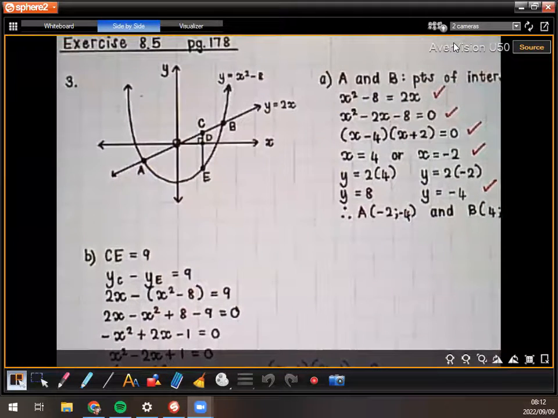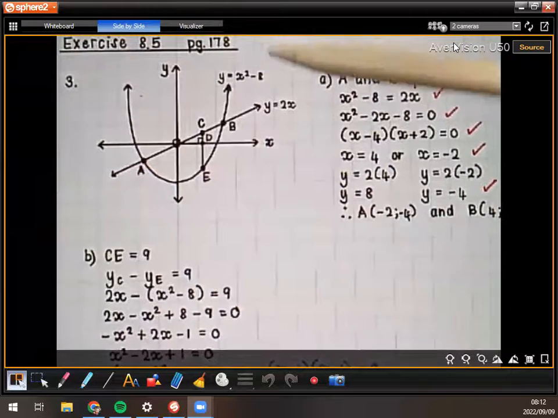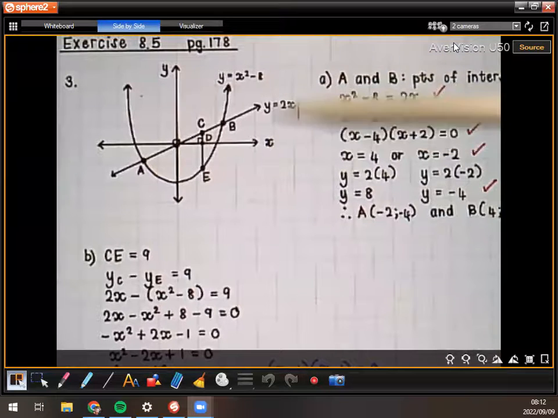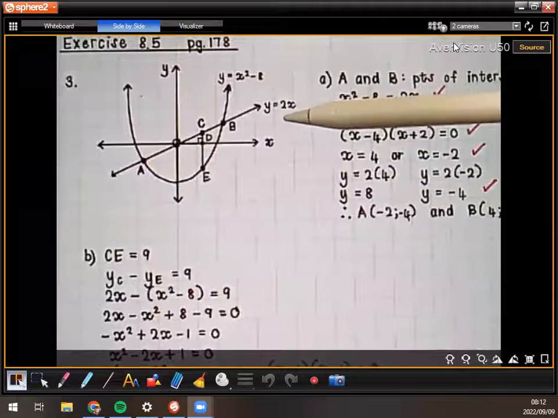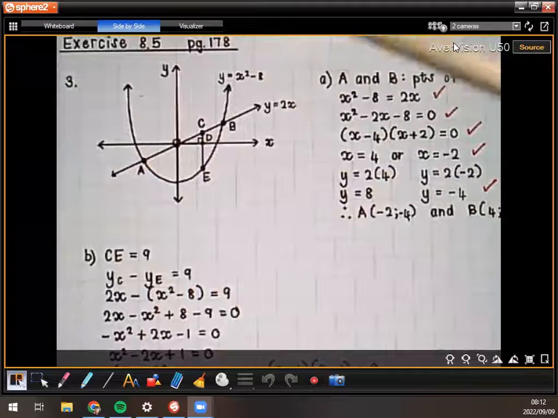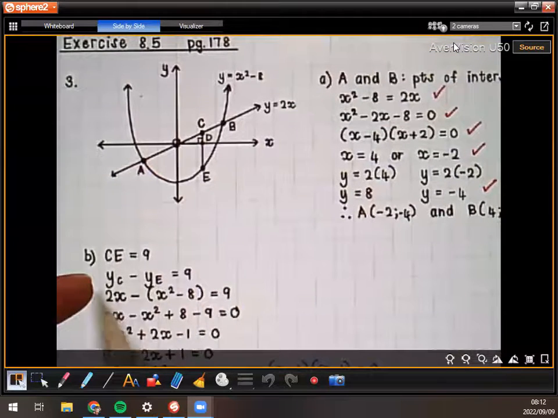That is where the parabola is above the straight line. So for that, we would do this equation minus that one. Well, it just wouldn't fall into this category.